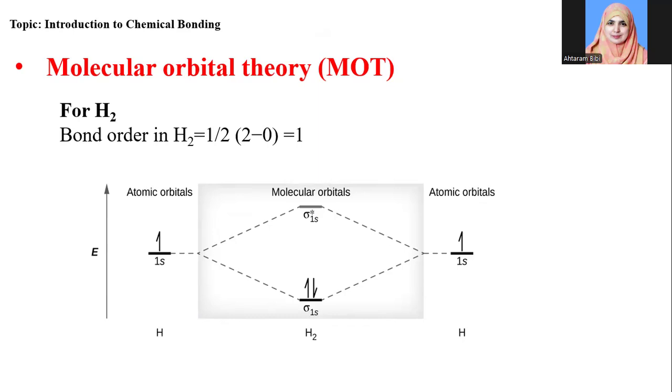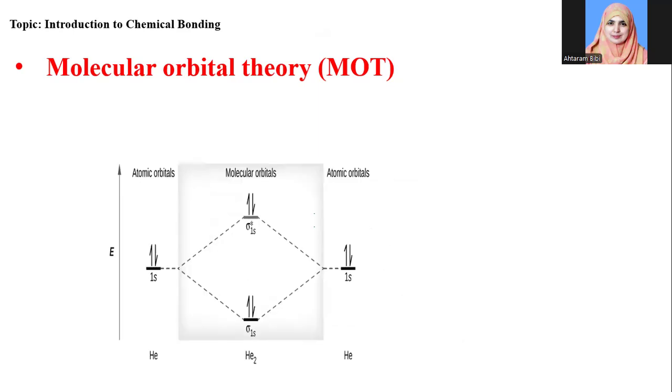So 2 minus 0 is equal to 2, and half of 2 gives the bond order of hydrogen as 1. So it means that hydrogen can form only a single covalent bond.